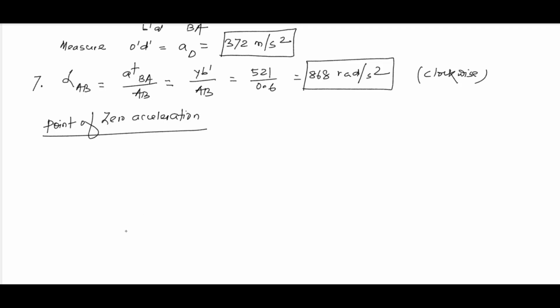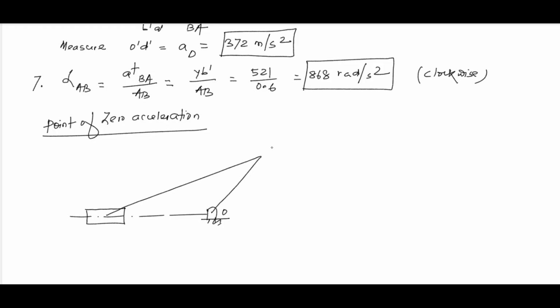Now remember, the usual step is you draw once again the diagram with some suitable scale, representing the connecting rod and the crank on it.